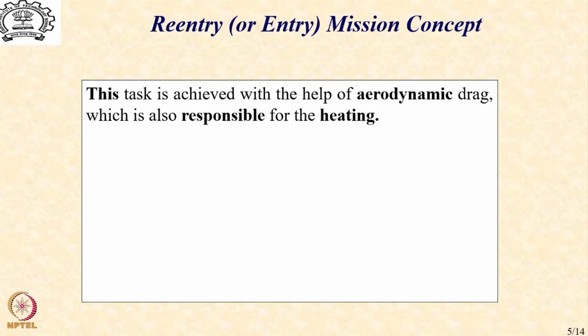Together they will decide the amount of drag force which is going to get generated, which brings us to the idea that the trajectory design for a re-entry mission is equally complex, if not more, in comparison to an ascent mission.